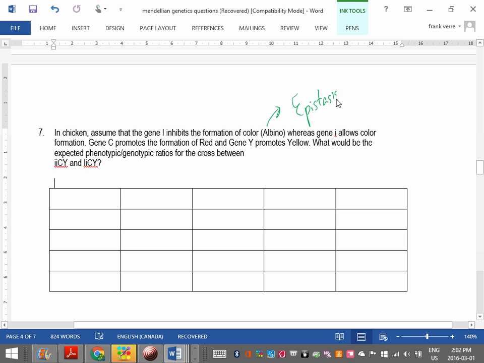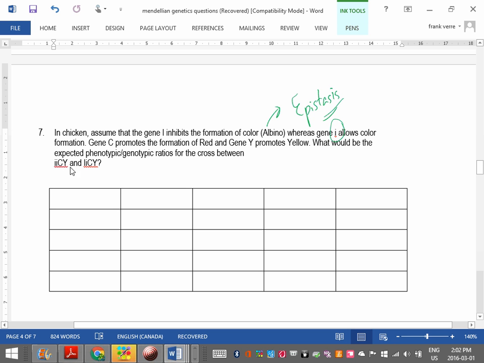It's where one gene affects the other one. So here's a gene. You need little i to get color. The I gene affects the other genes, because the other genes tell you what color you're going to get. But if you get a big I, it doesn't matter what the other ones are. You're not going to get any color. So if one gene affects another one, we call it epistasis.